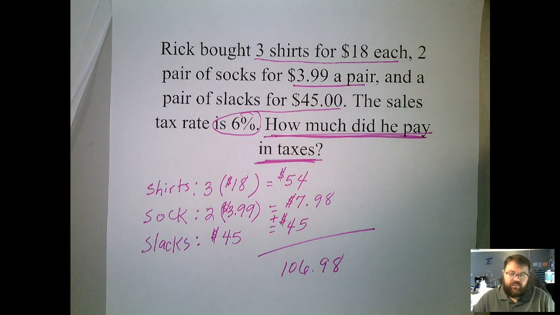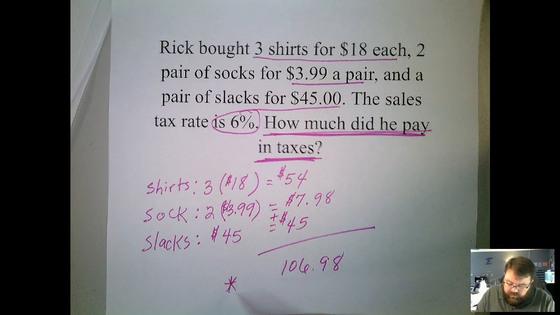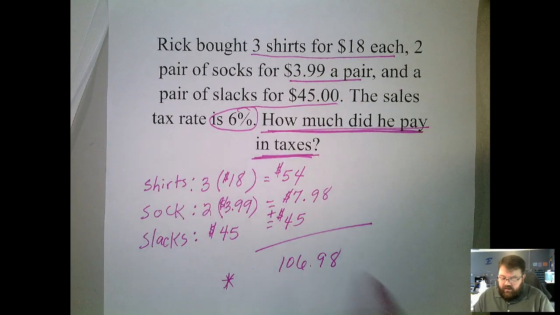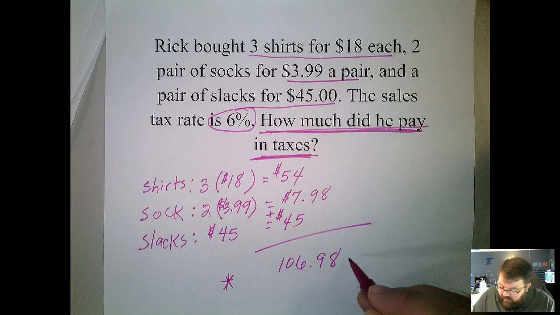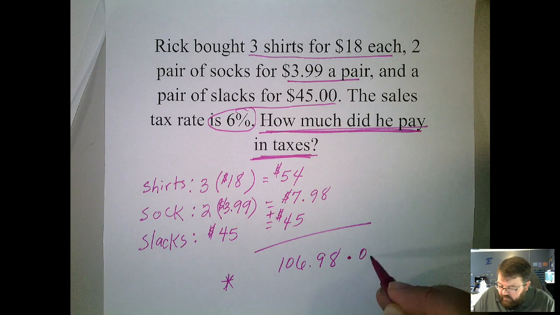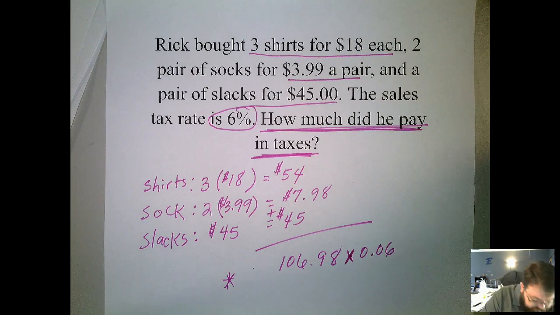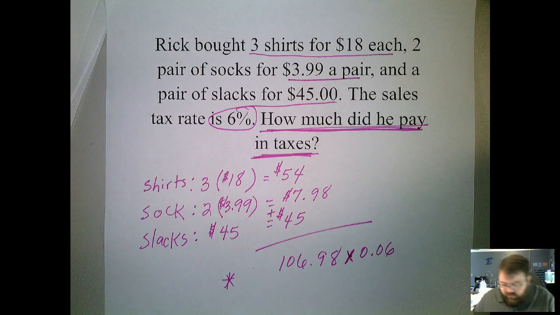Answer the question. All right. Hopefully, you said that you would do 106.98 multiplied by 0.06, which gives you this.